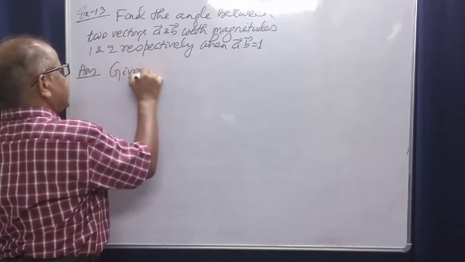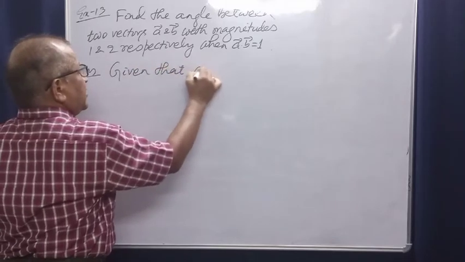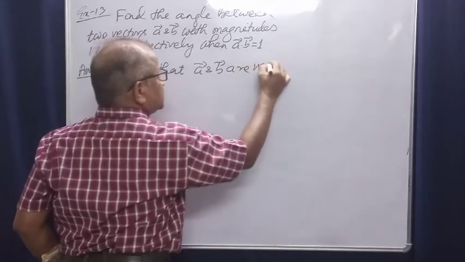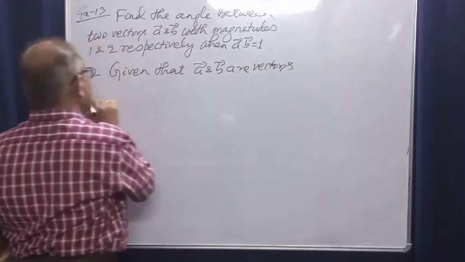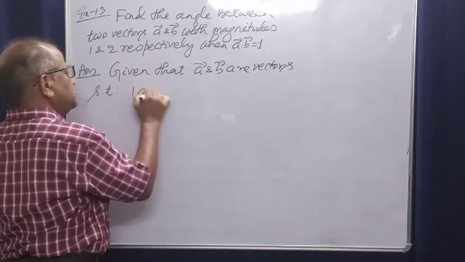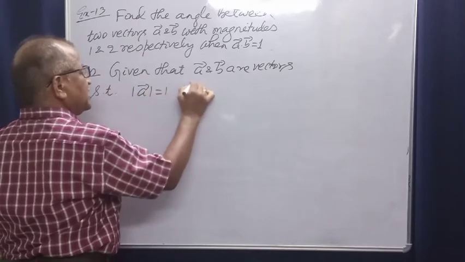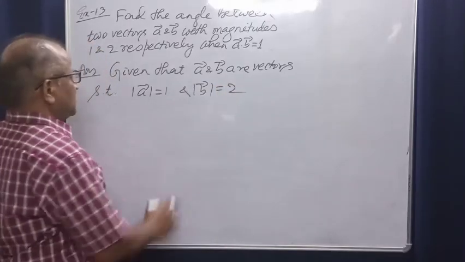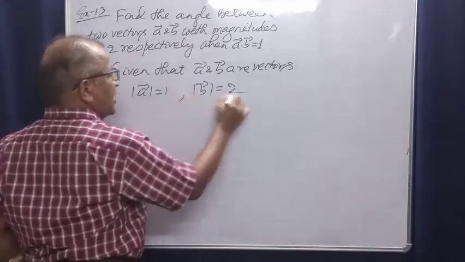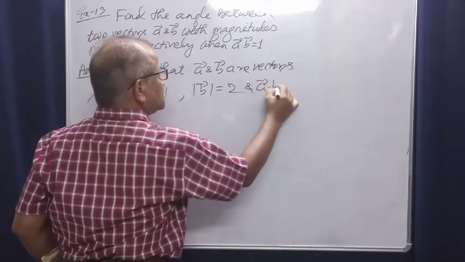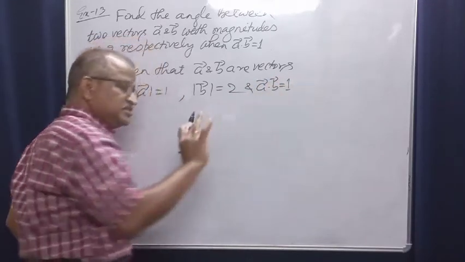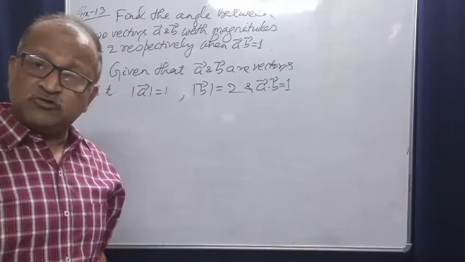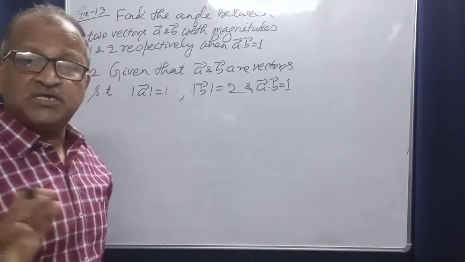Given that a and b are vectors such that magnitude of a is 1 and magnitude of b is 2, and a dot b is also 1. These things are given to us.